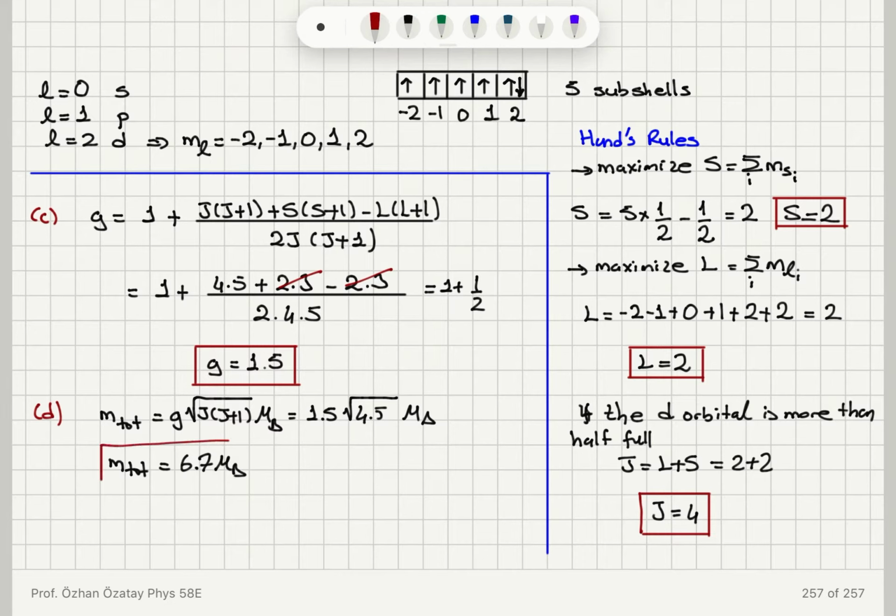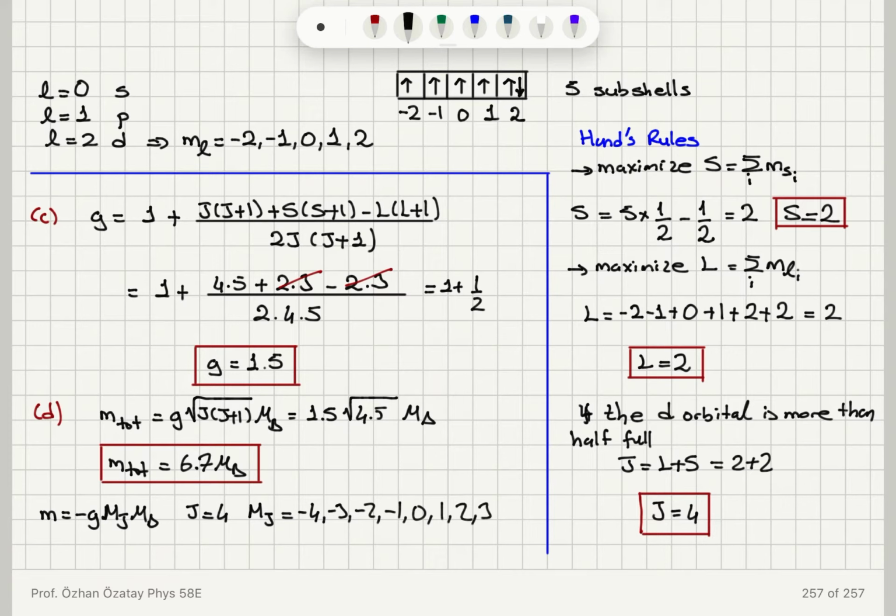And then we need the projection onto the field axis. So M is equal to minus g M sub J Bohr magneton, and because J is equal to 4, M sub J values are -4, -3, -2, -1, 0, 1, 2, 3, 4.